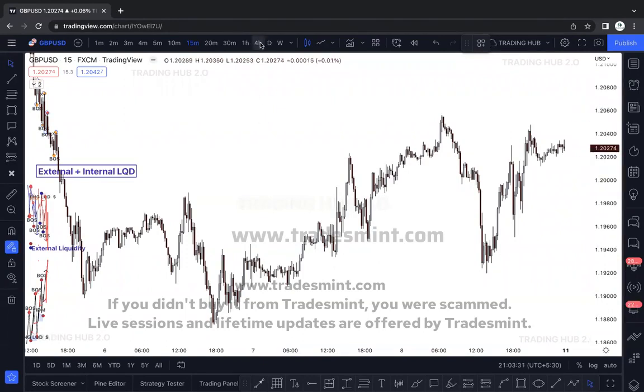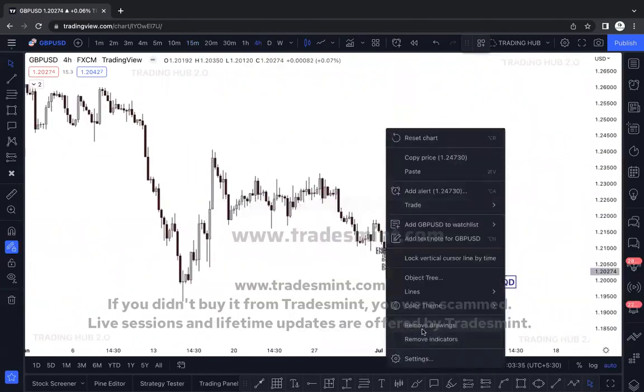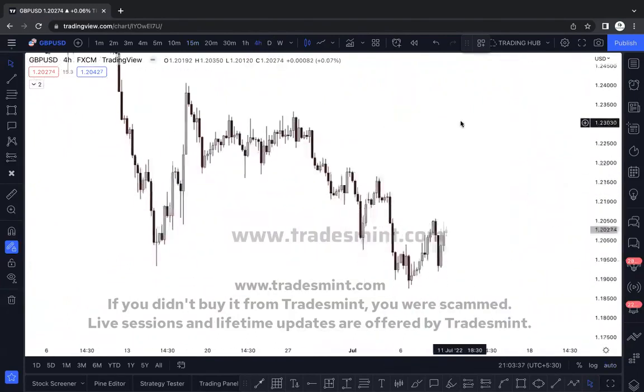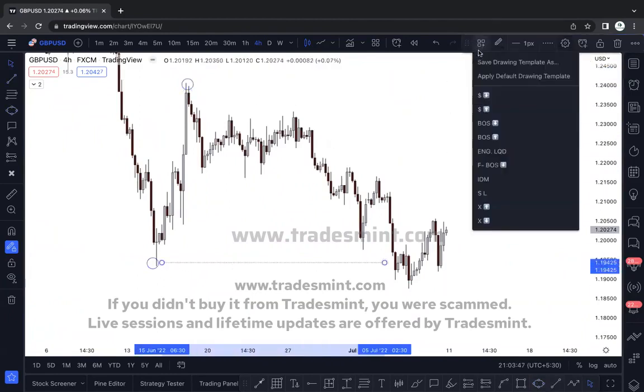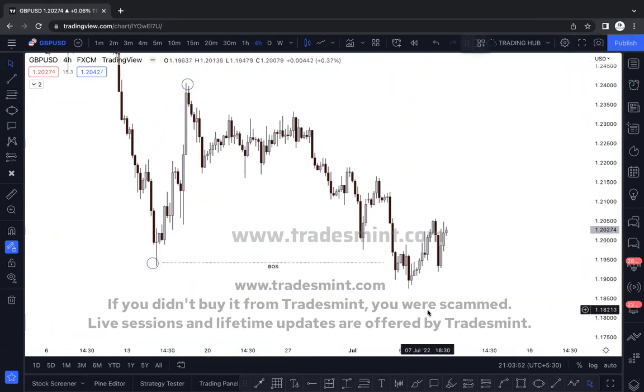For example, if you are considering this 4-hour chart, let me do it first. You mark this structure: this one is our lower low and this is a lower high, correct? And this one is our clear break of structure. After this break of structure, where is our lower low?